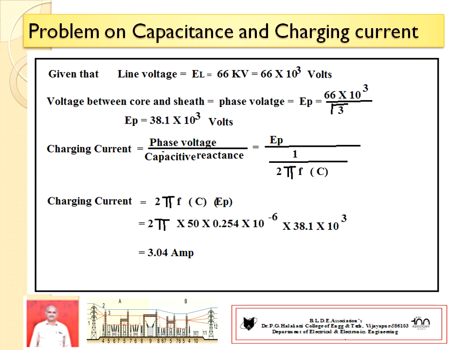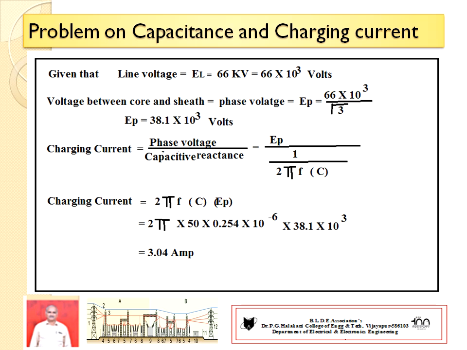is equal to phase voltage divided by capacitive reactance. You know the phase voltage, hence capacitive reactance Xc equal to 1 divided by 2 pi f C. So finally it becomes charging current equal to 2 pi f C into phase voltage.